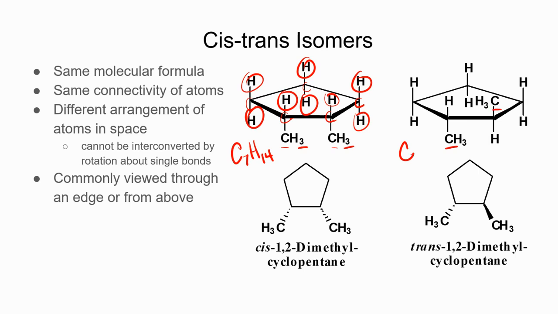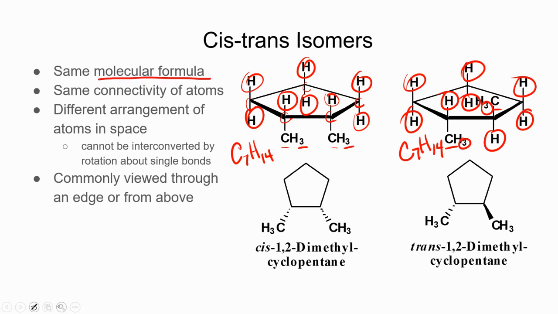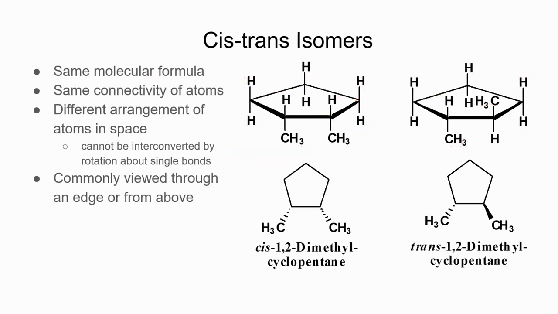Here's the 6th and the 7th carbon. And then for my H's, I have 3 and 6 right here. 7, 8, 9, 10, 11, 12, 14. So, of course, I have C7H14. So, same molecular formula for these two drawings.